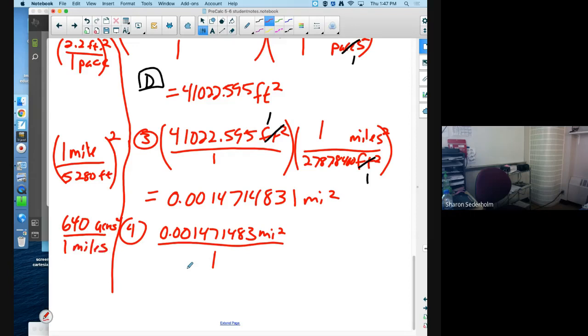So with this one, because acres are already considered to be a square unit, we don't square both of these. Acres are exactly that. For farming, for any type of land, they are square units so that you can tell people how many acres you have. So this one doesn't require any conversions.